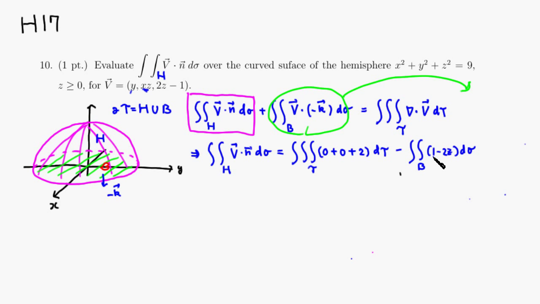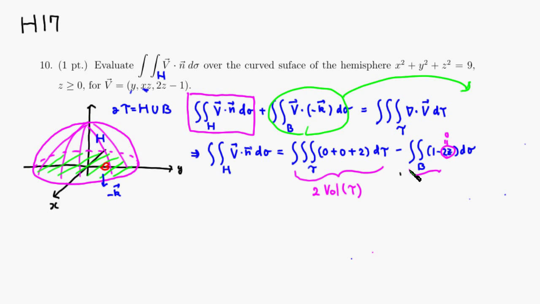But note that on base B, the z value is actually 0, so this one is actually 0. Then what you get is here. We know this one: it is 2 times the volume of tau.